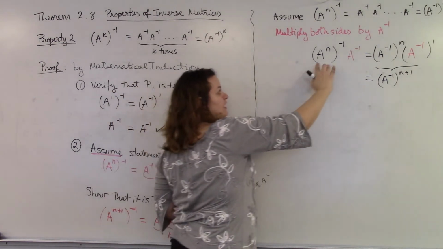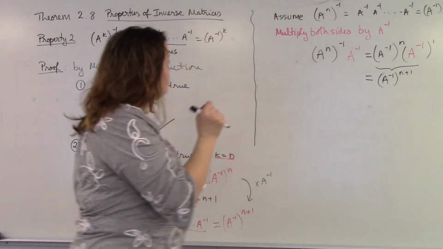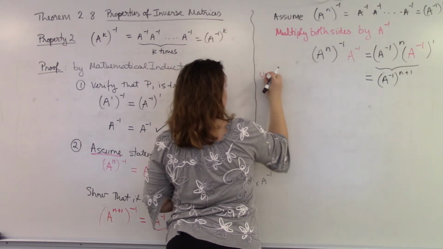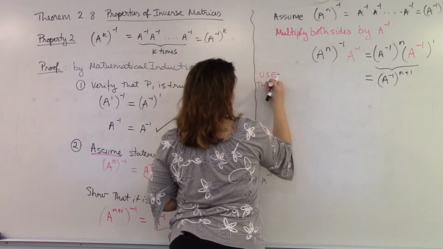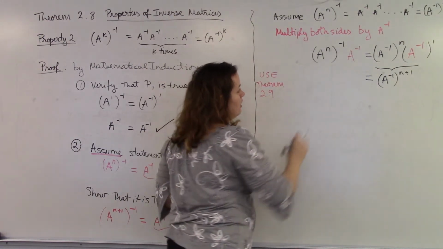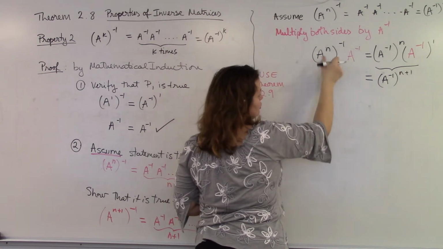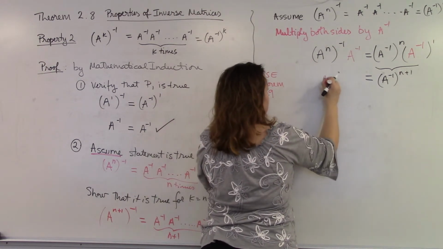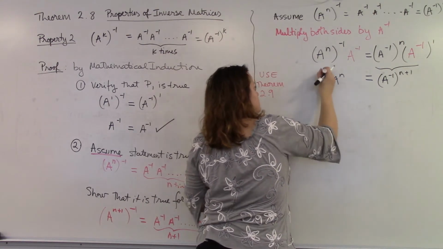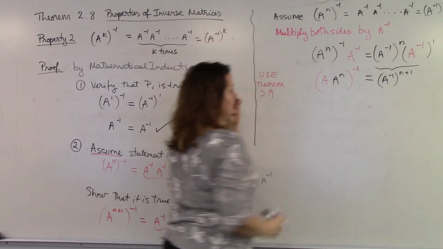And on the left-hand side, we can use Theorem 2.9, which says that when you multiply two inverses like that, you can switch the places of the two. So this is the same as A times A to the n, with the inverse of the product on the outside.